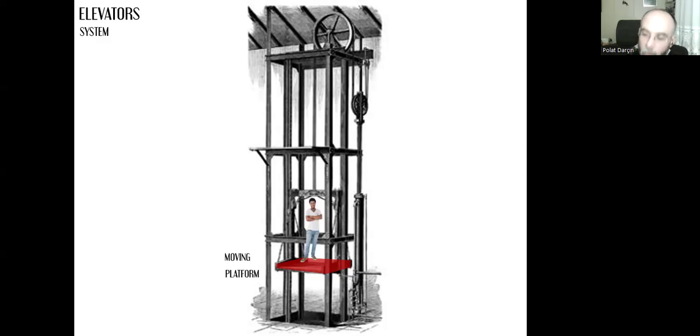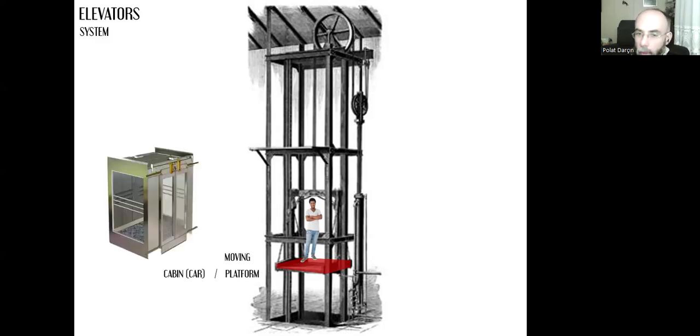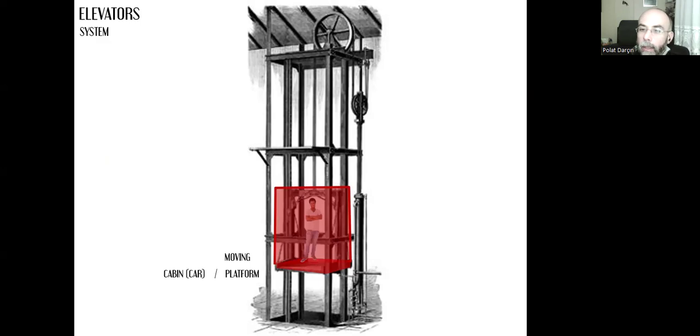So we need to step on the platform, or it can be a closed small room, which we call a cabin, or it's called a car as well. Then we enter the room and it either moves upwards or downwards.